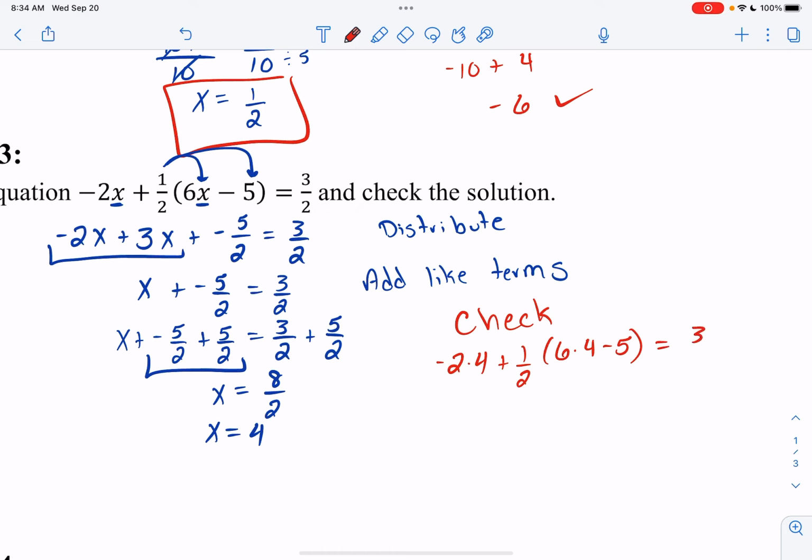And I want to check to see, does that in fact equal 3/2? Order of operations, I need to do inside parentheses first. So 6 times 4 is 24, minus 5 is 19.